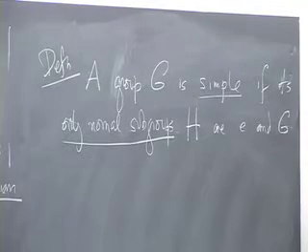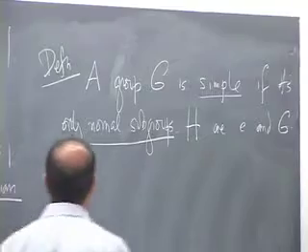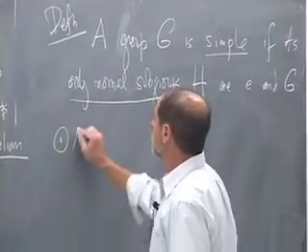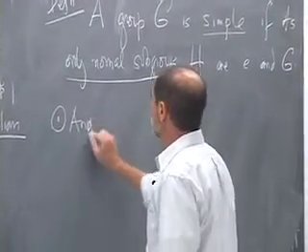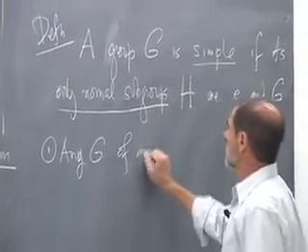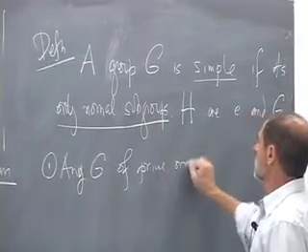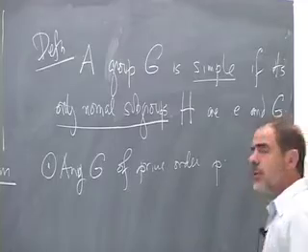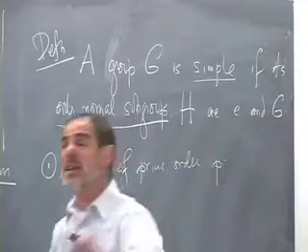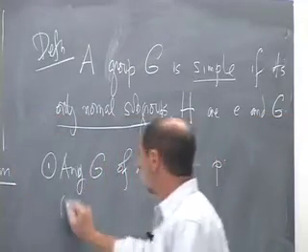So for example, any group of prime order is cyclic. And it turns out those are the only abelian simple groups.